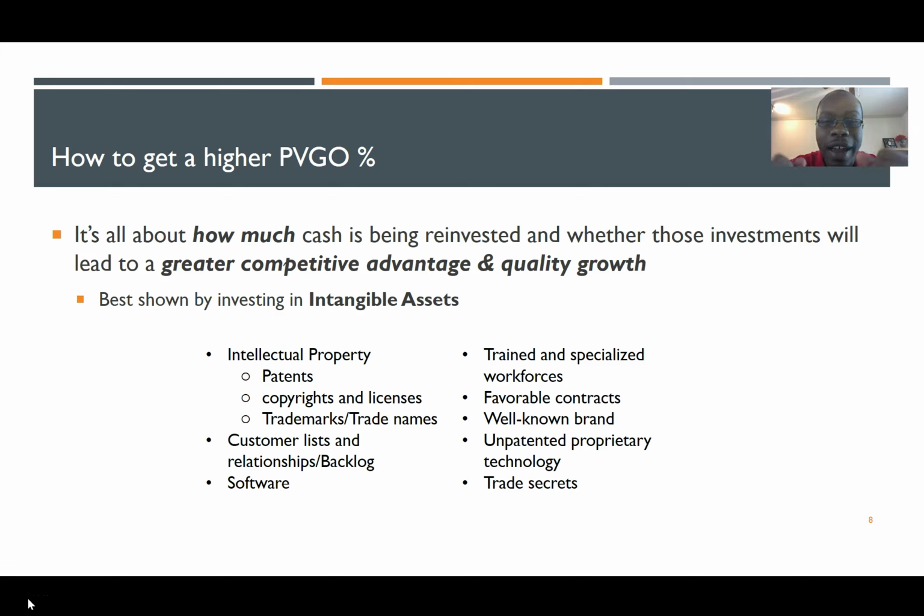And if you break down the return on invested capital equation, your advantage usually comes from either the consumer side, which means higher margins, or from the producer side, which means higher asset turnover. So I want to understand that a little bit more. The more you invest in those areas and the more you're getting results out of those areas, the higher I expect your PVGO percentage to be. The more expectations I have, and you should be rewarded for that.